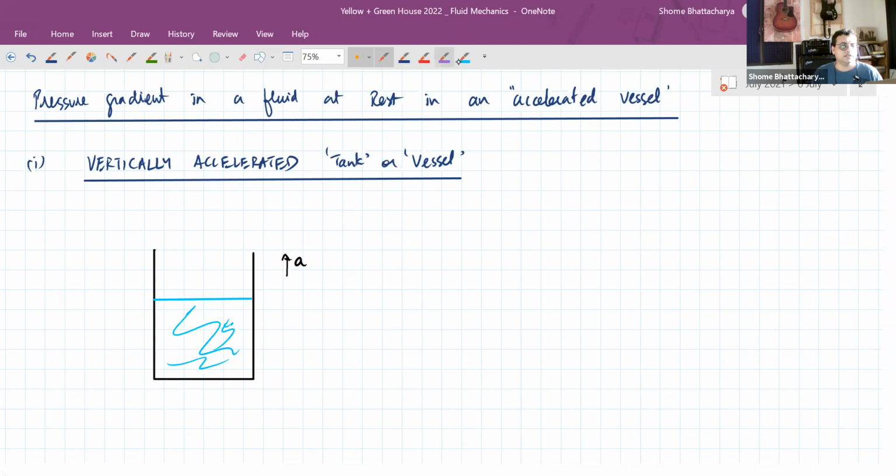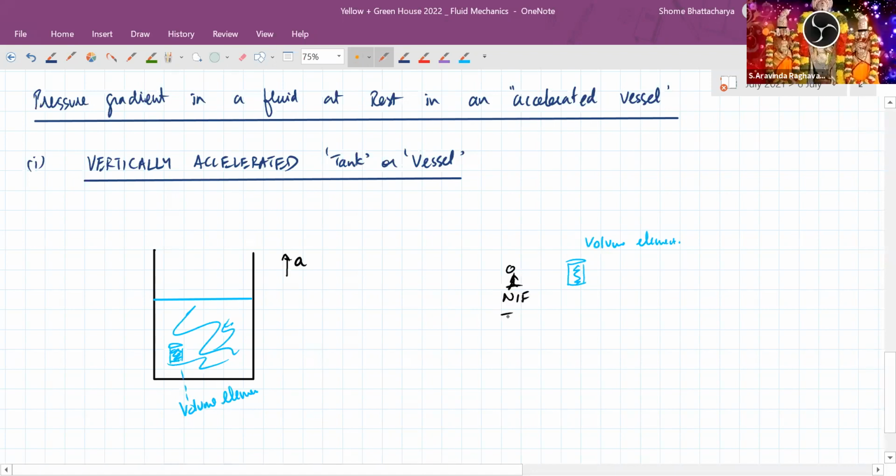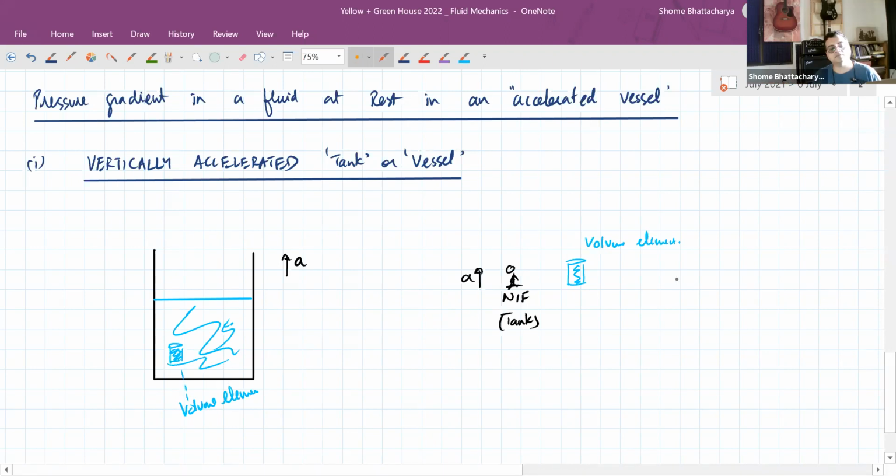So what's going to happen now is that if we consider the free body diagram of a volume element of fluid like this, over here, this volume element, if we consider its free body diagram, but in the non-inertial frame of the tank, which is having a vertical acceleration a, in this frame, it is at rest.